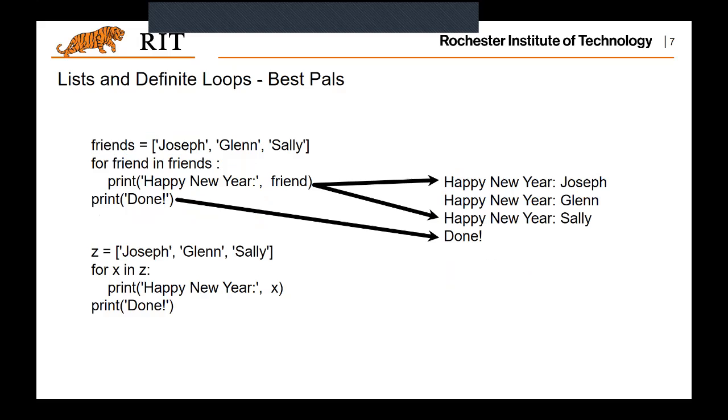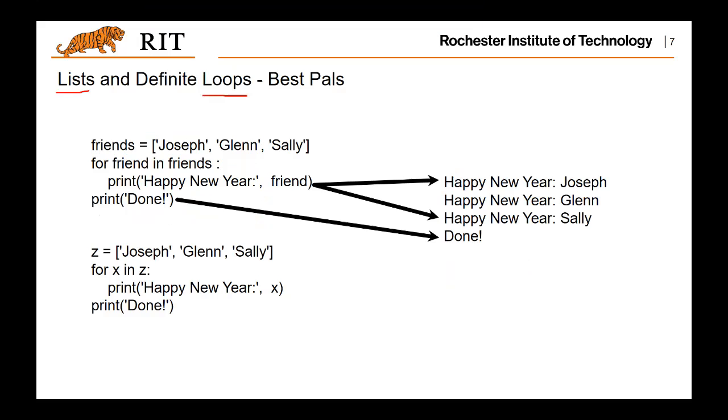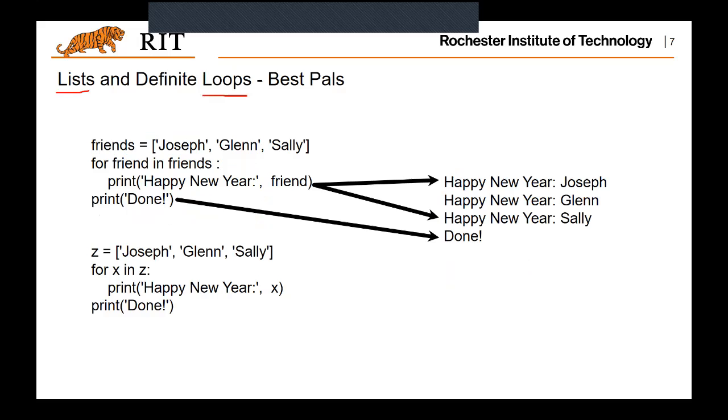Actually, loops and lists are best friends. We always use them in pairs, because that's a really convenient way to traverse each of the elements inside the list and do something. The simplest case is just to print out each element inside the list.